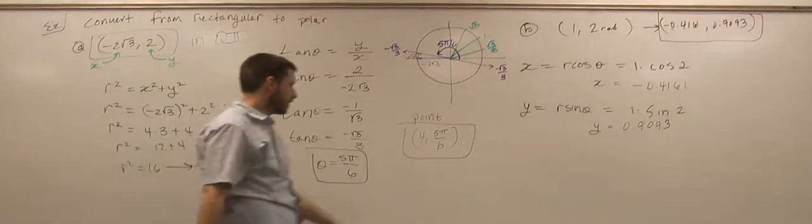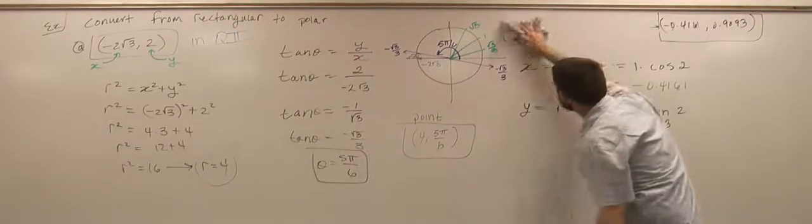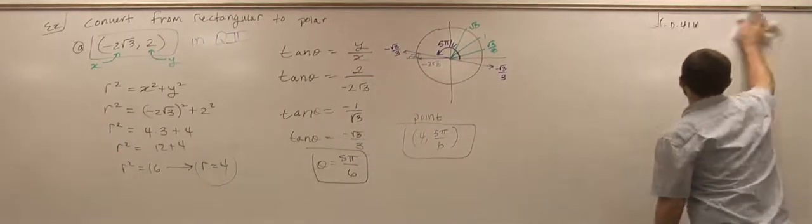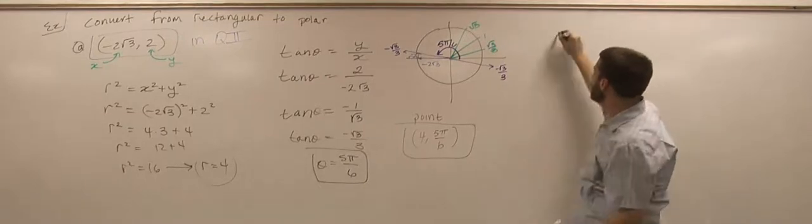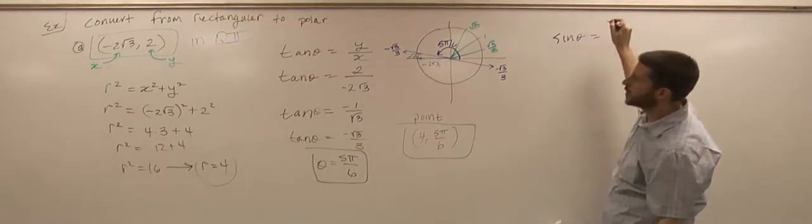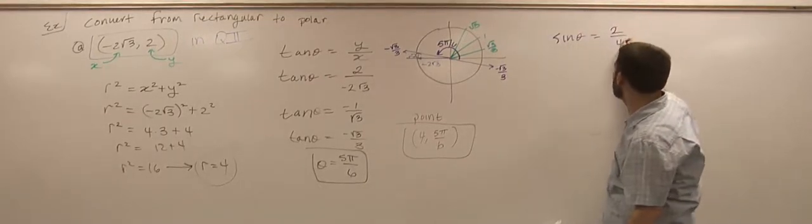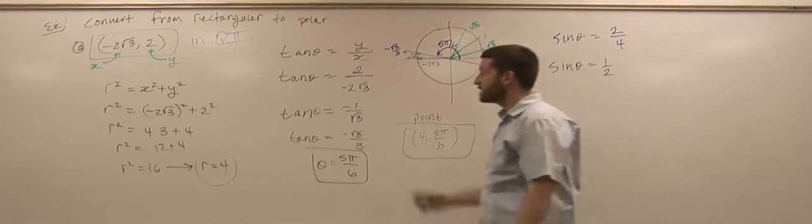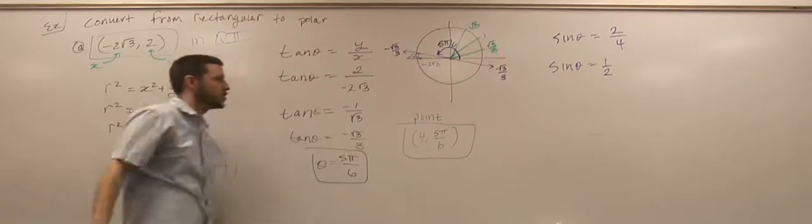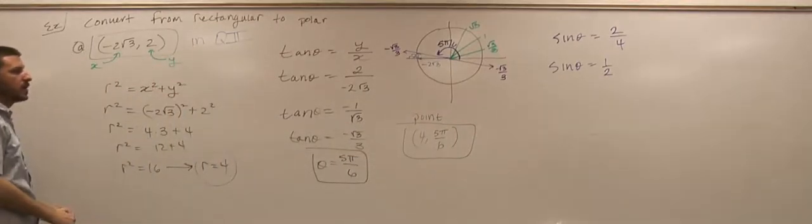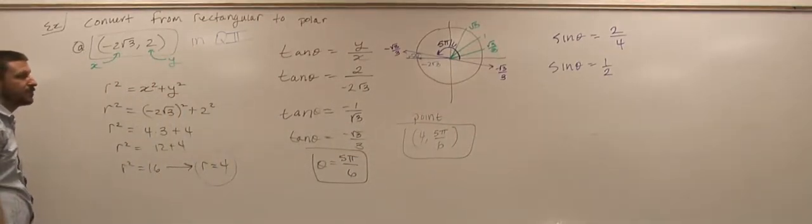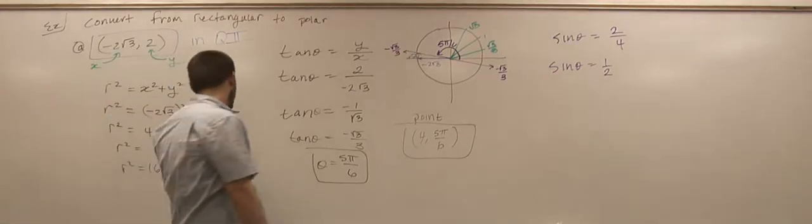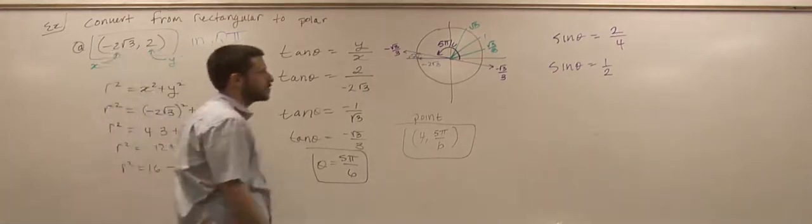Sine of theta equals y over r. So sine of theta equals 2 over 4. So I could have solved sine of theta equals 1/2 instead. I'd still have to make sure I was in the second quadrant, but I should get the same answer. So once you have r, you can really use any trig function you want.